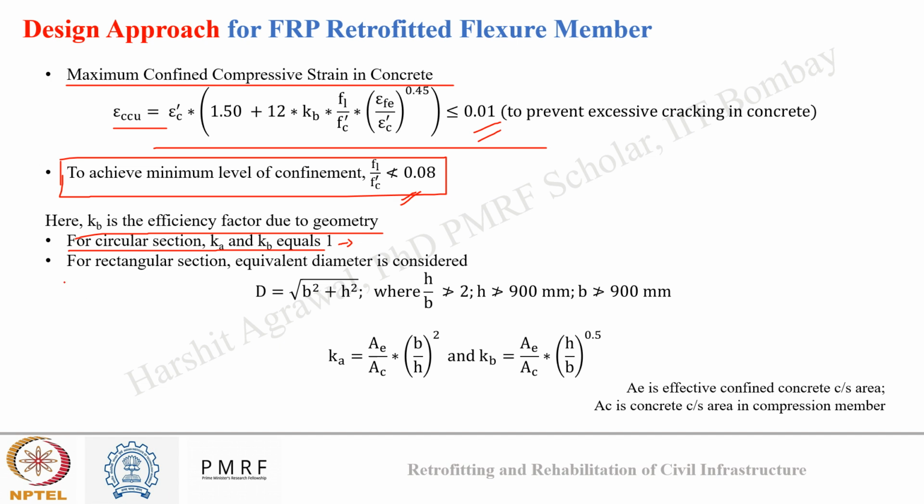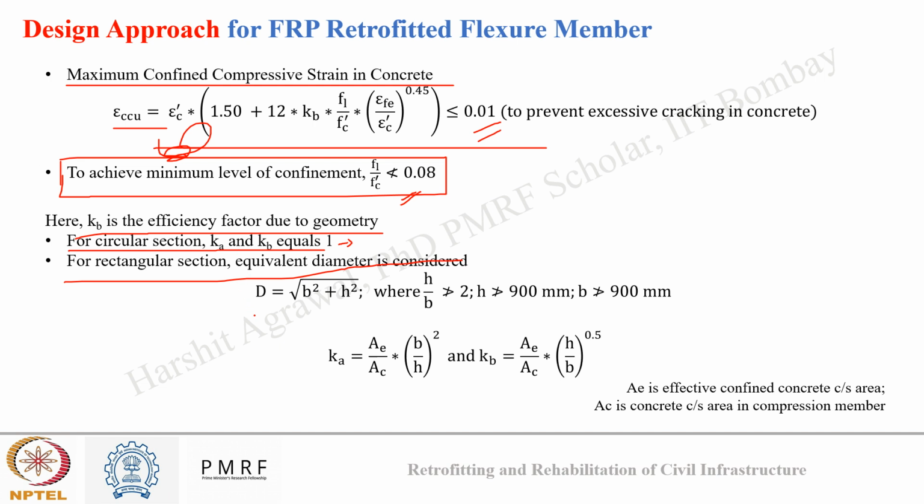However, for a rectangular section, K and Kb are less than 1. We know this from the previous discussion also. We saw that in the case of column confinement, corner radius plays a critical role, since sharp edges at the corner can lead to stress concentration and ineffective wrapping. So just to take those cases into account, we have K and Kb, the efficiency factors.